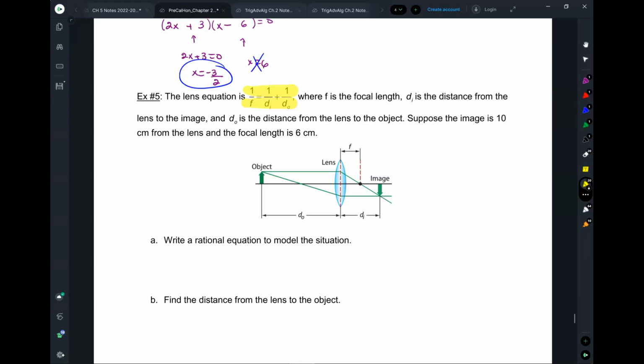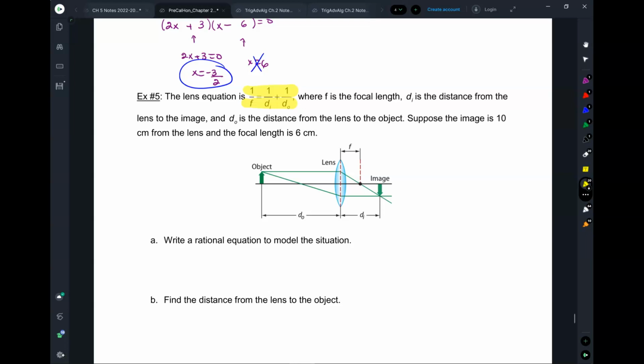Yep, in your eye, right? So in your eye, if you look at an object, the lens in your eyeball creates an image in the back of your head. And if that is out of focus, that's when you need glasses because everything is blurry, right? So this is the equation by which all of that works.